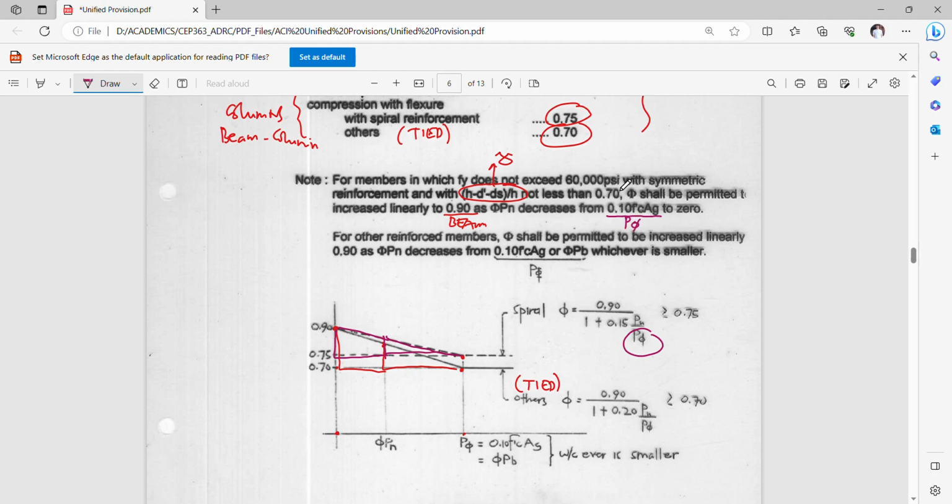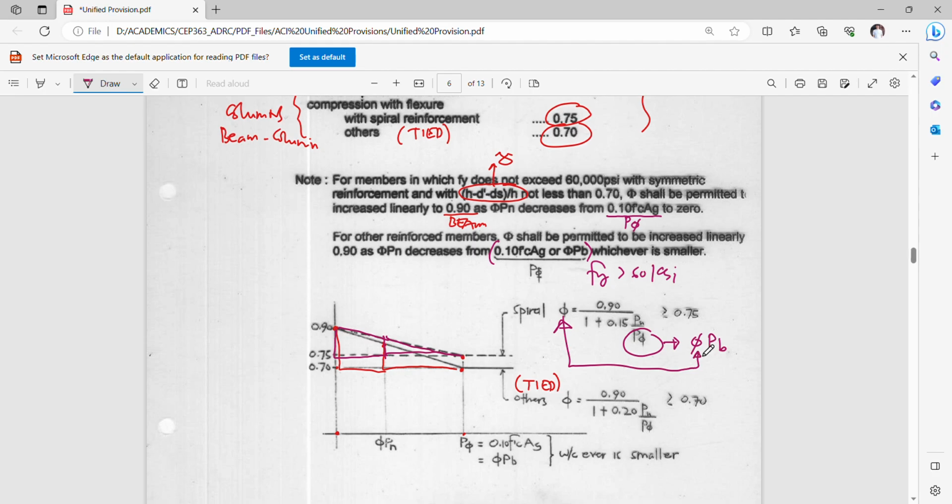But if your Fy exceeds 60 ksi, then you will have two values to be considered, whichever is smaller, and your Pb will certainly be a little bit disturbed since your Pb will be a function of phi. So phi and Pb here will still have to be recalculated or manipulated so as to solve for the more accurate value of phi.